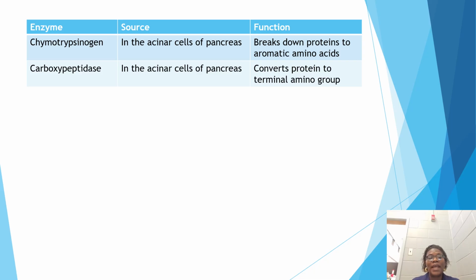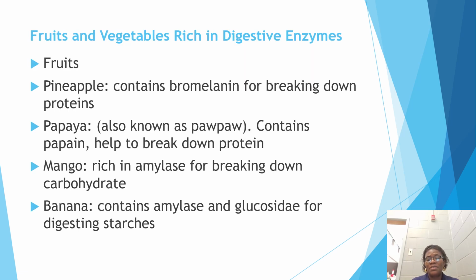So these are the digestive enzymes that are present in the digestive system of every individual. Now, looking at the digestive system, you have these digestive enzymes, but some digestive enzymes are also present in the foods that we eat, especially in fruits and vegetables.